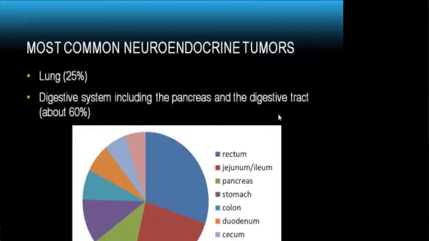Approximately 25% of neuroendocrine tumors are found in the lungs, and 60% in the digestive system, including the pancreas and the gut. So this figure, I just want to show you an idea of how digestive neuroendocrine tumor is distributed in the digestive system. So the rectum and the small bowel are the two most common sites for digestive neuroendocrine tumor, followed by pancreas and the stomach.